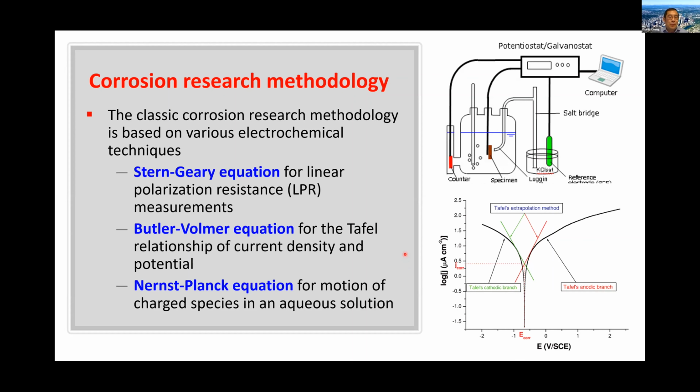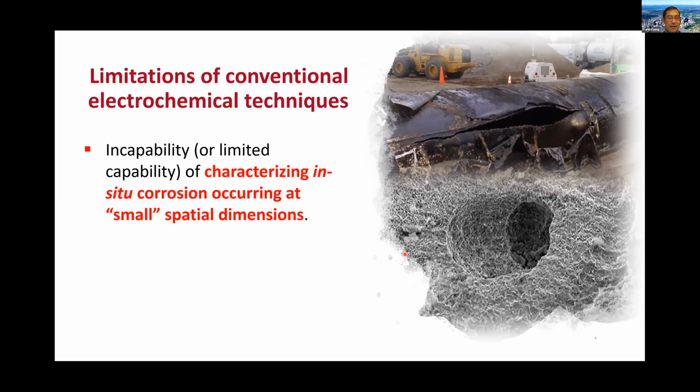At the same time, we also realize the conventional electrochemical techniques suffer from a couple of limitations. The major problem is that these techniques have a limited capability to measure corrosion happening at small scales. For example, the small scale we always mention is micron or even sub-micron dimensions.